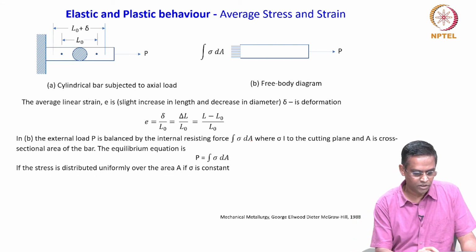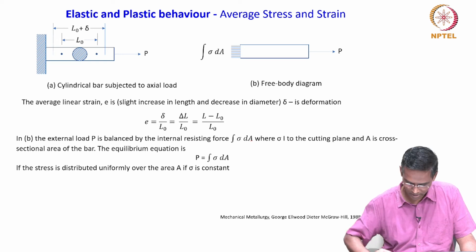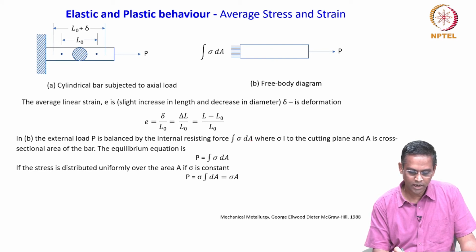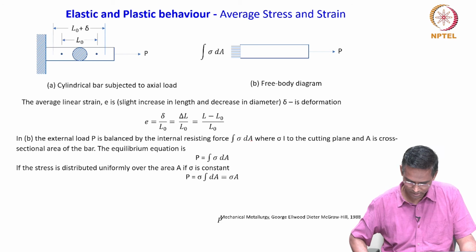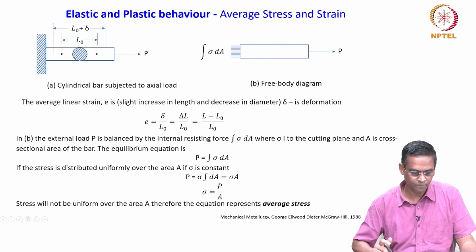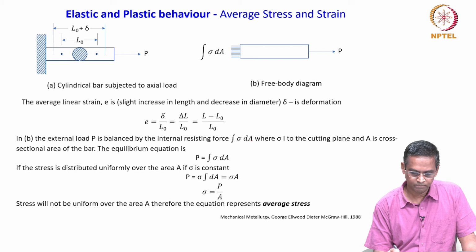And if the stress is distributed uniformly over the area A, if sigma is constant, then we can say P is equal to sigma integral dA, which is equal to sigma A, or sigma is equal to P by A. So, this is how the stress is defined.